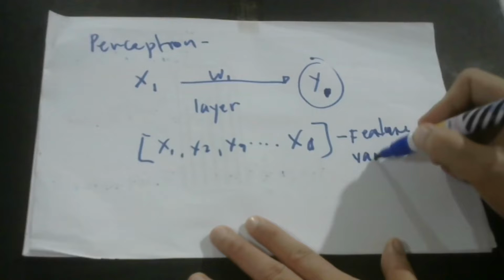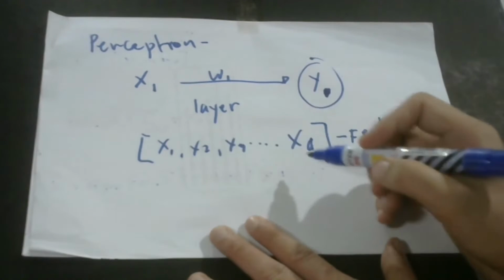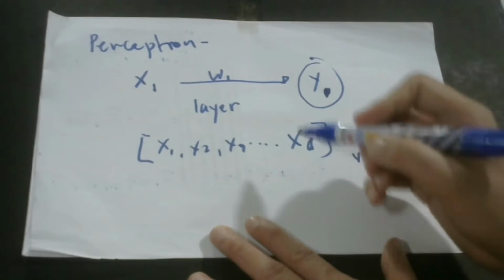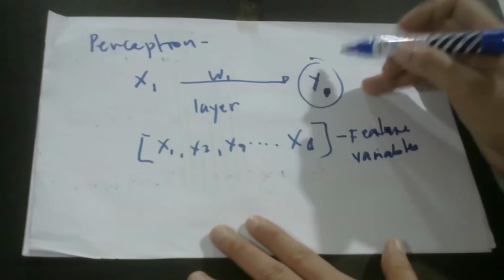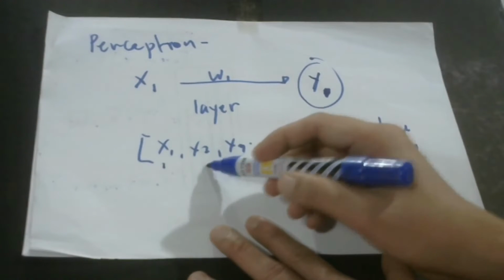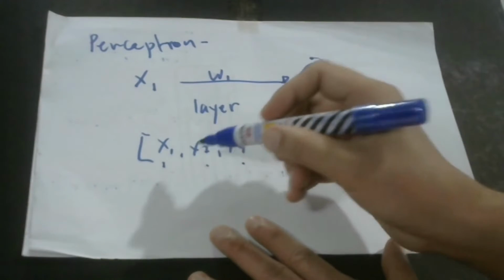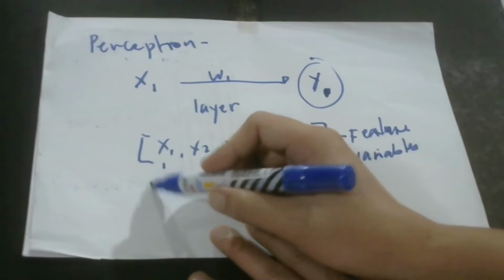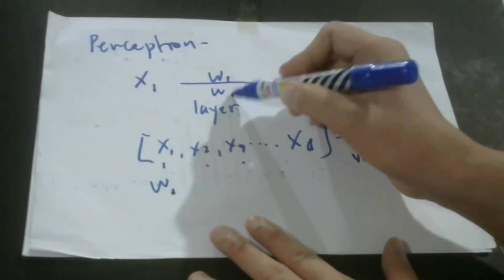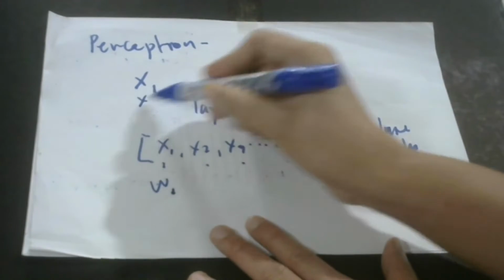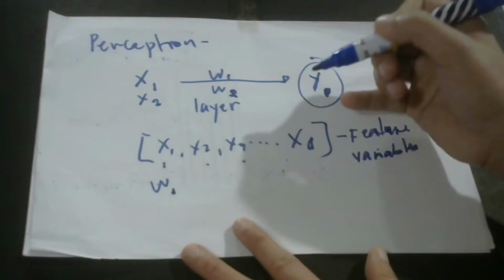When there are feature variables, we would be able to understand how a certain y comes out. So this is the output, and this is feature 1, feature 2, feature 3, feature 4, and so on. For each feature, there is always an attached weight. So we have here W1, and W2 which is attached to feature X2. Basically, this is the basic architecture of the perceptron.